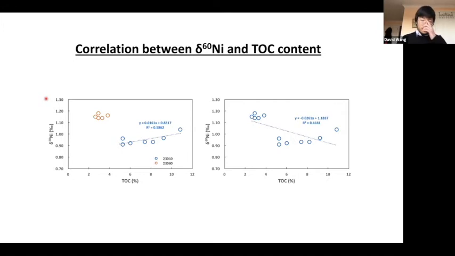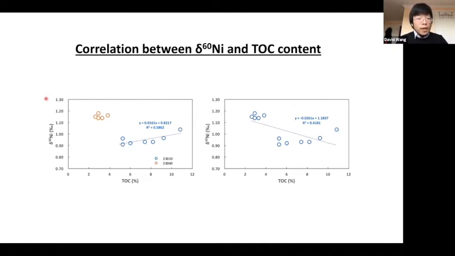And one of the questions we want to ask is, is the TOC content a controlling factor for the difference of nickel isotope in these two cores?